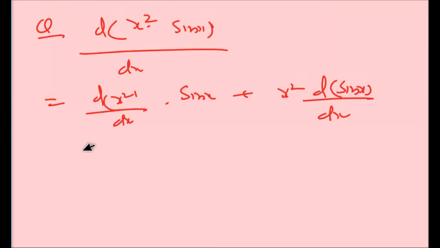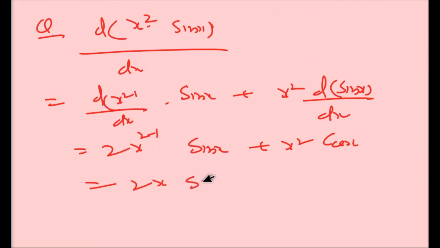This way you can use the formula. Now x to the power n gives n x to the power n minus 1, and sin x gives cos x. So you are getting the formula separately. So if you know the formula for multiplication, division and exponent, you can solve easily.